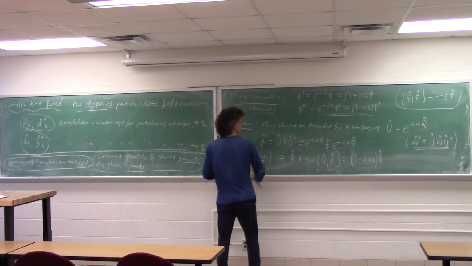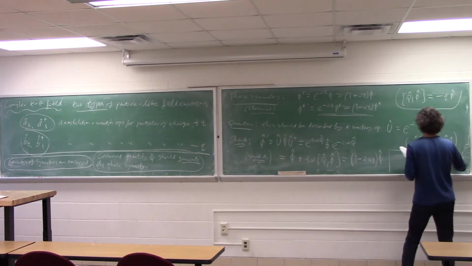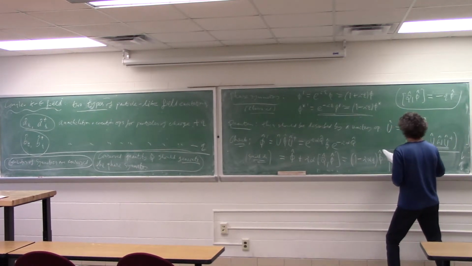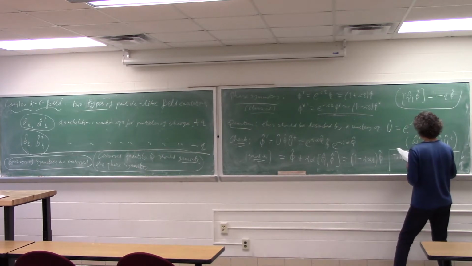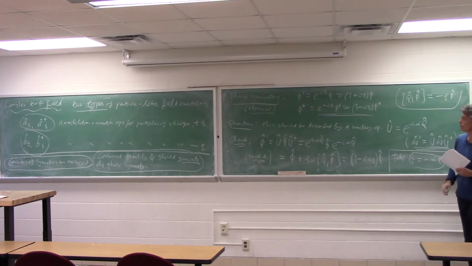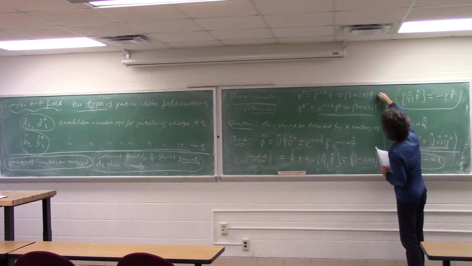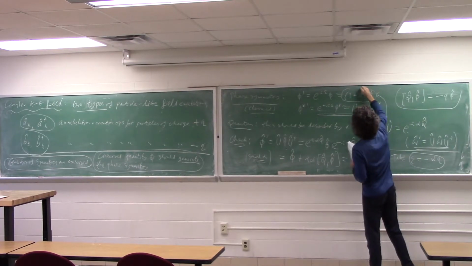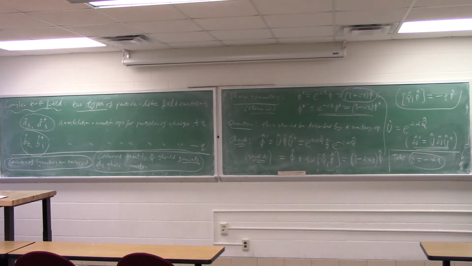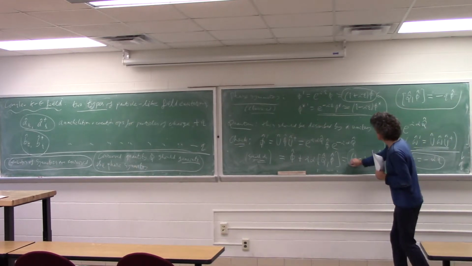So if you look at this, let us take epsilon to be equal to minus alpha q. You should see that these are actually the same. This phase transformation, 1 plus I epsilon times phi, if I take epsilon as minus alpha q, is the same thing.